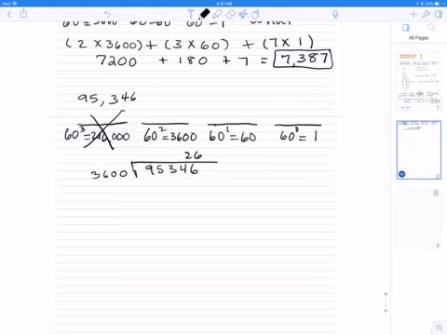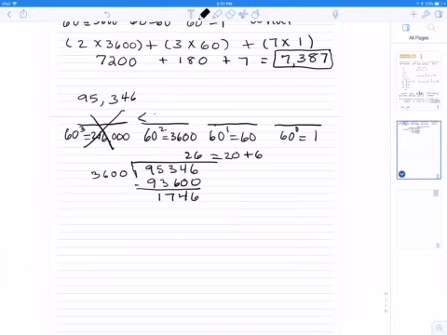So I'll multiply 26 times that 3600. I get 93,600 with 1746 left over. So 26, I'll write that as 20 plus 6. So 10, 20, 1, 2, 3, 4, 5, 6.